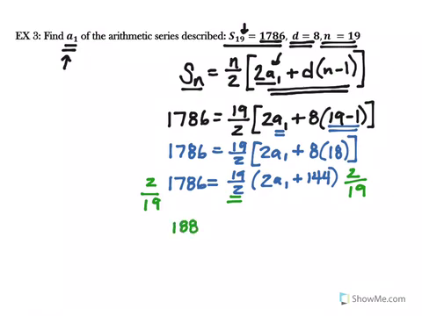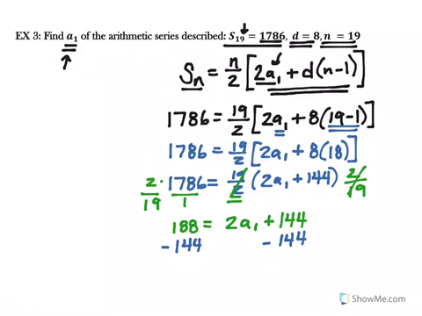So over here, when we multiply 2 times 1786 and then divide that product by 19, we get 188 on the left. These are going to cancel, 19 divided by 19 and 2 divided by 2, leaving me with 2 times a sub 1 plus 144. Now we can subtract 144 from both sides.